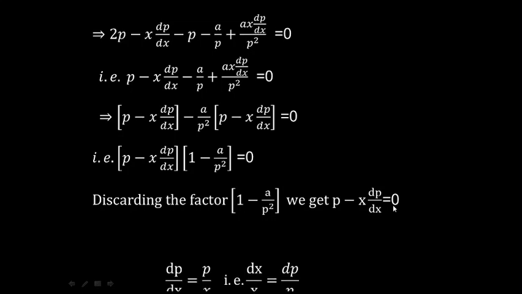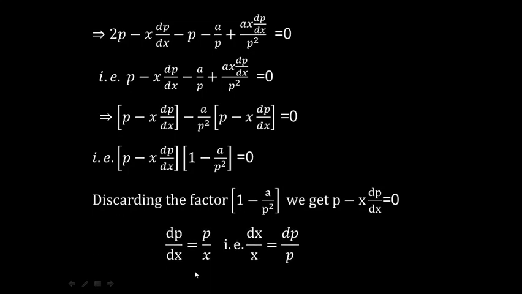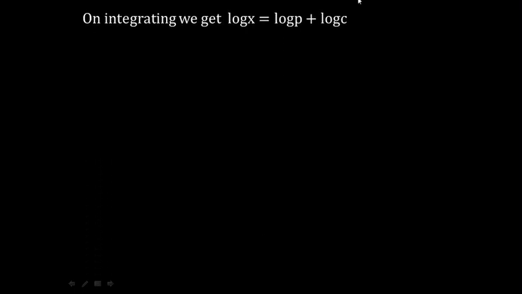Solving this, we have dp by dx is equal to p by x. Now separating the variables, as this is in variable separable form, integrating this we will get the solution. Integration of 1 by x is log x, 1 by p was there, its integration is log p, plus log c.